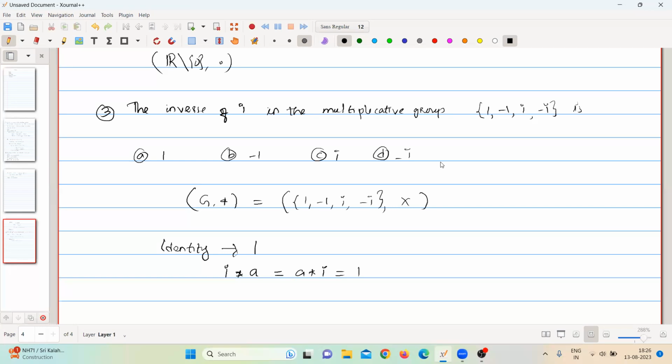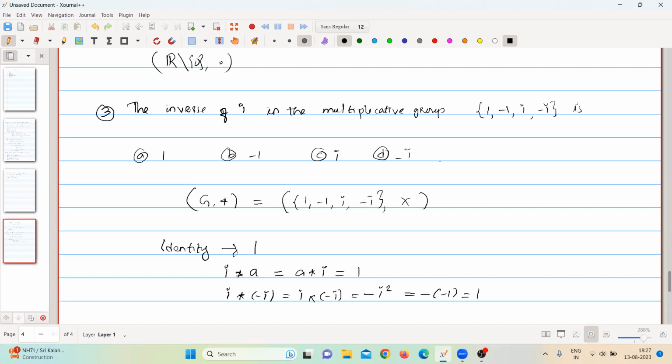I guess -i is the inverse, ma'am. Yeah, -i. We can check what is i star -i, where star is the usual multiplication operator: i into -i, which is equal to -i squared. What is i squared? i squared is -1. So minus of minus 1 equals 1.